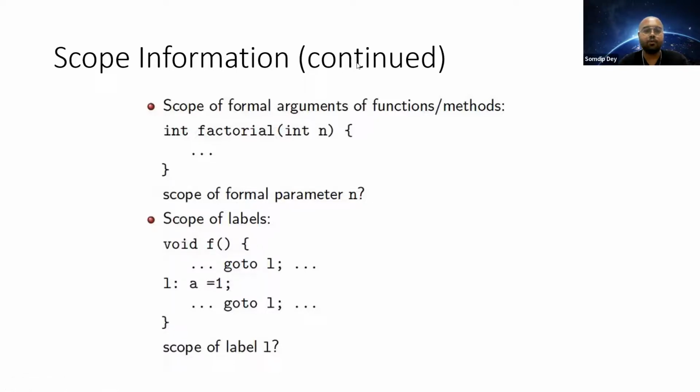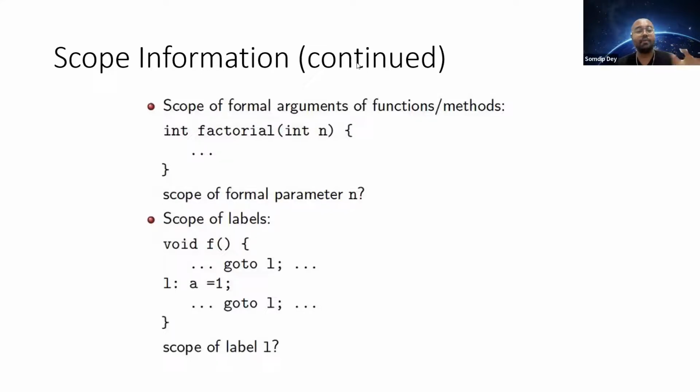We have someone post something in the chat: pretty sure labels in C are global scope, at least I seem to remember that they used to be. It depends on how you are defining the label. So not all labels are global, Matthew. You can also have labels within the function.